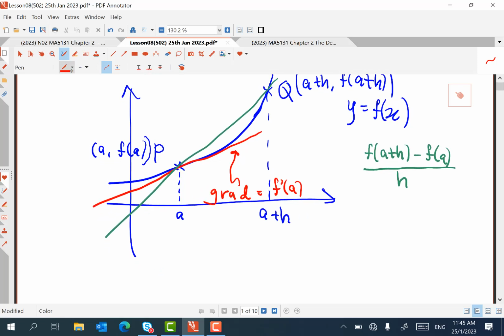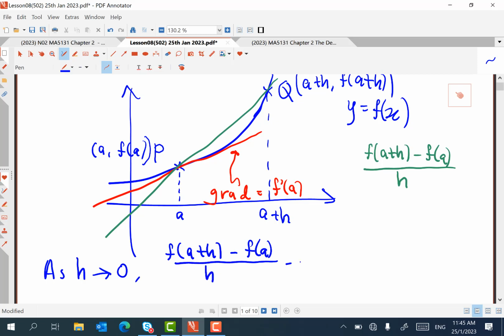If we let h be small, how small? As small as you can imagine. When the gap h is very small, what will happen is the gradient of the second line will approach the gradient of the intended line. Agree?